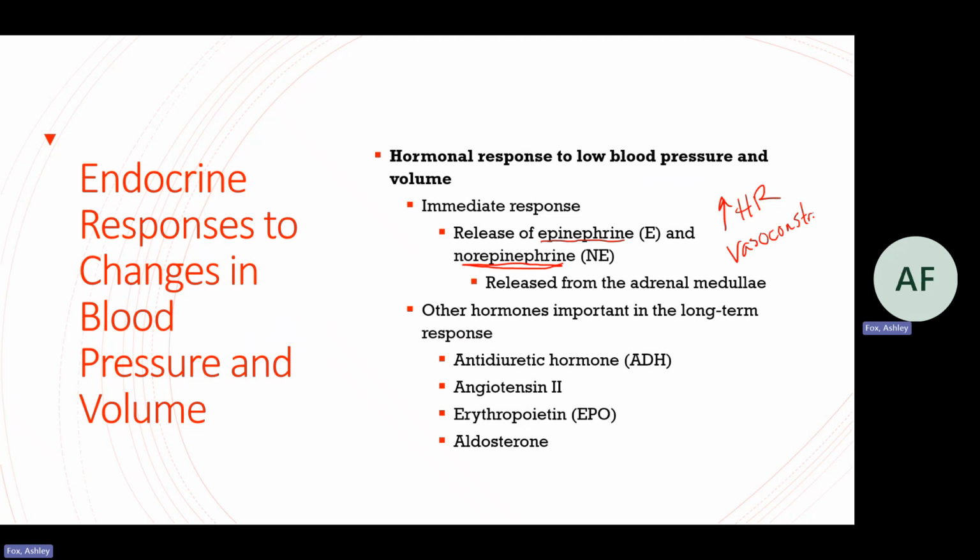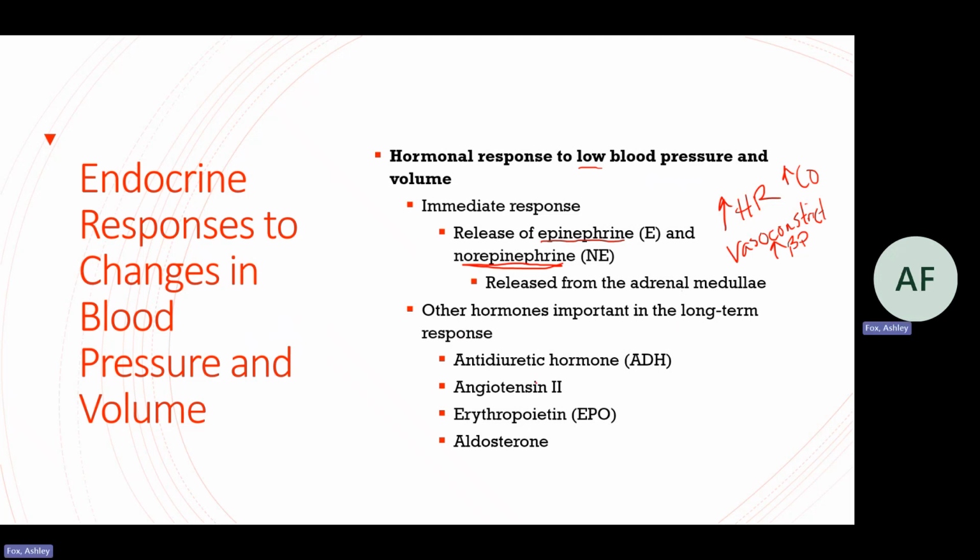So all the things that we just talked about of increasing cardiac output here, and then increase total peripheral resistance, which increases blood pressure as well. These are released from the middle of the adrenal glands. Again, we'll go over these a lot more when we get to the endocrine system as well.